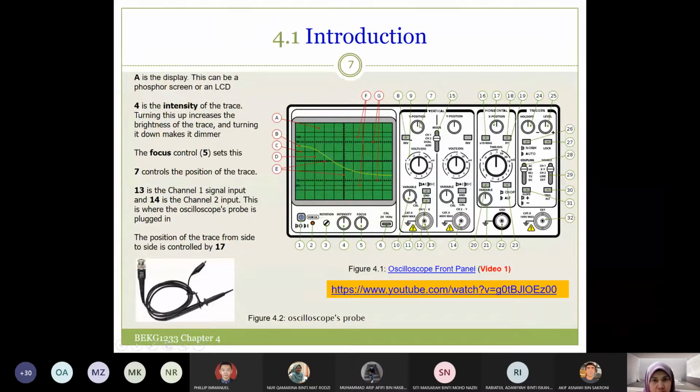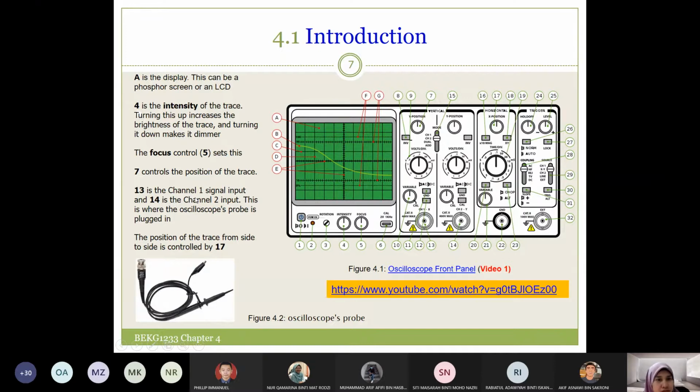Number 7, okay, so this is Y position, meaning that when we adjust this knob, we can control the position of the signal, make it up and down. Okay, Y position, meaning that we can adjust the signal to make it up and down.